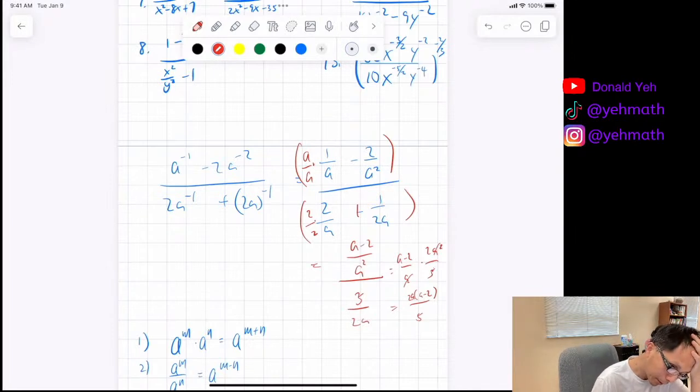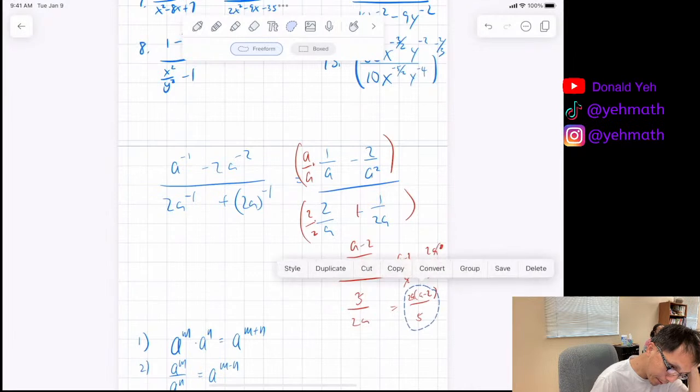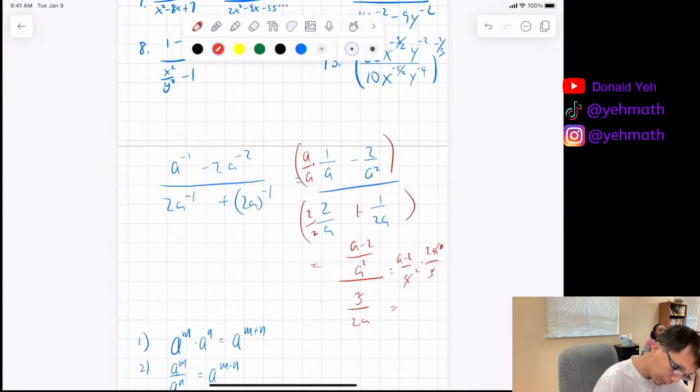Let me make sure again. This one is a square here. Give me a second. I'm doing it too fast. It's going to be 2a minus 2 over 5a. That's what you got? Okay, good.